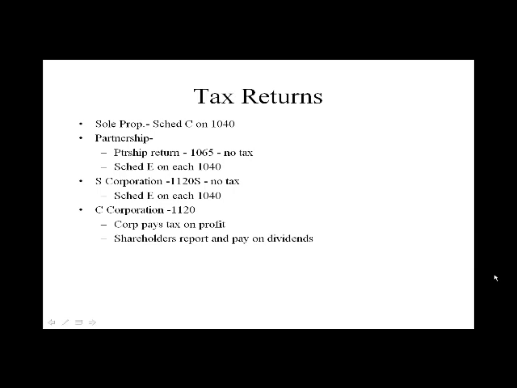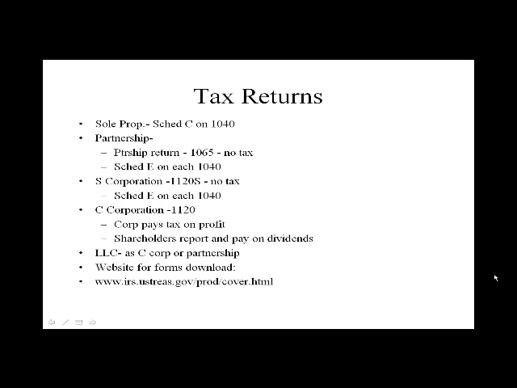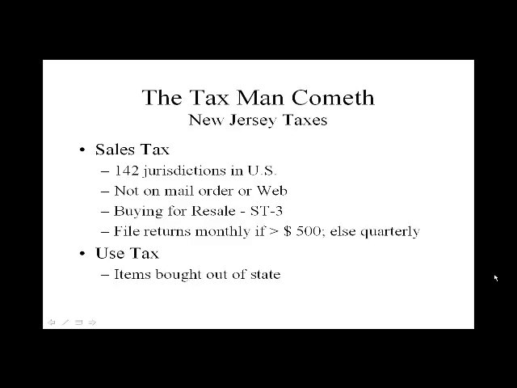On the other hand, a C corporation does pay. We talked about that. They file a tax return and pay on it. The LLC can be taxed either way. And lastly, here's the website. All of the information and instructions are out there on the web.